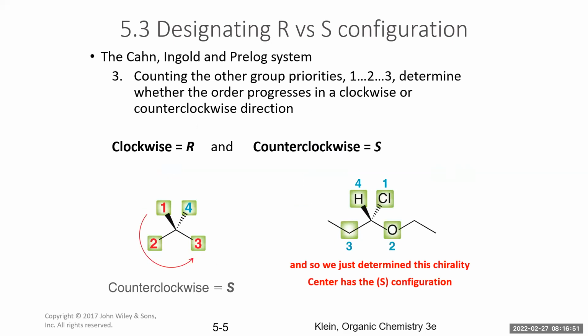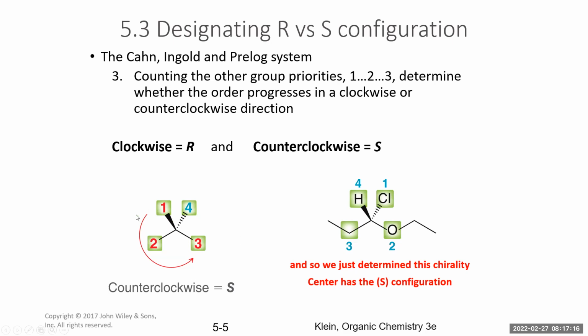Okay, next step though is we need to look at the numbers 1 to 2 to 3, again, ignoring 4. Remember that we have now carefully placed 4 behind. And now we're just looking at the order of progression from 1 to 2 to 3 to determine if it's a clockwise or a counterclockwise rotation.